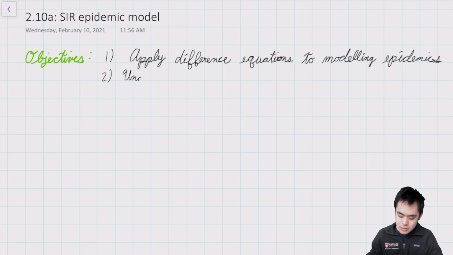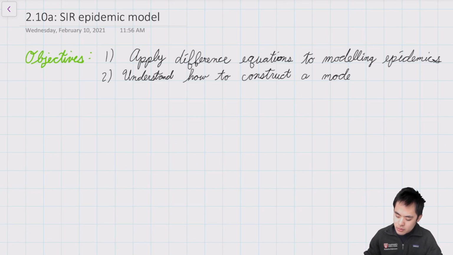So let's understand what it means to construct a model, how to construct a model, and some of the things that can go wrong. And lastly, we're going to see what can go wrong with modeling.